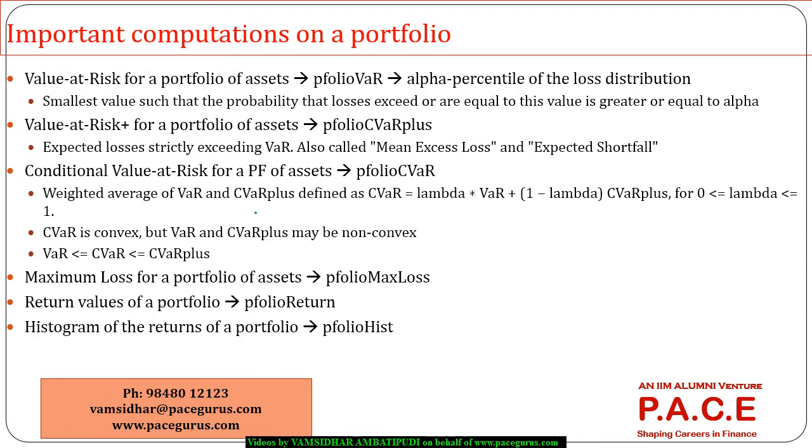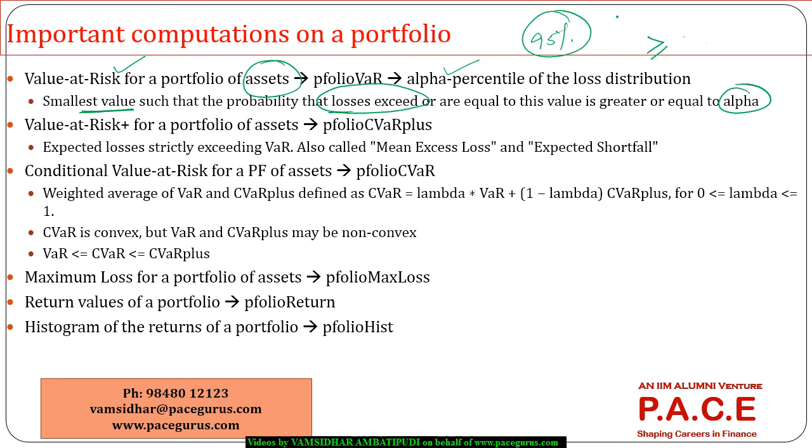Now, once your portfolio is created, as we have seen, we can look at the value at risk for a particular portfolio. So it is basically based on the alpha percentile of the loss distribution. So when I'm looking at a particular portfolio and I'm setting, let's say, alpha as 95%, what it means is I'm choosing the smallest value in such a way that the probability of losses greater than or equal to that value is equal to alpha.